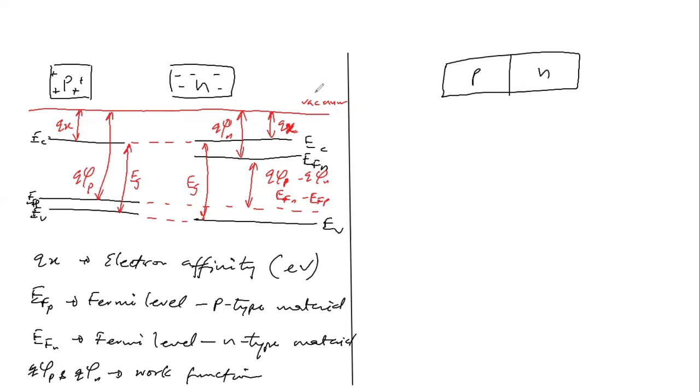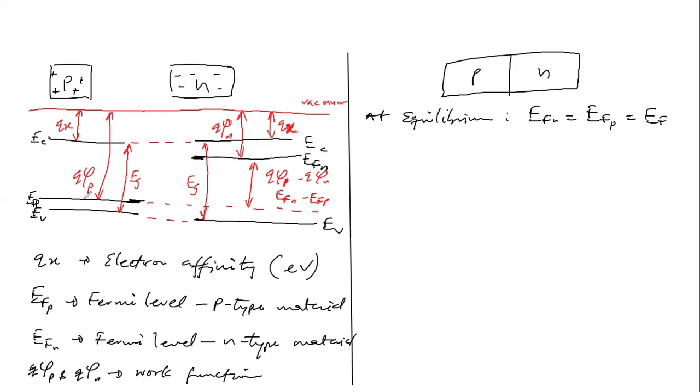And then it means that at equilibrium, let's put it that way, EFN is the same as EFP is equal to the Fermi level, okay? So when we do this, it means that this particular line and this particular line will have to be equal.